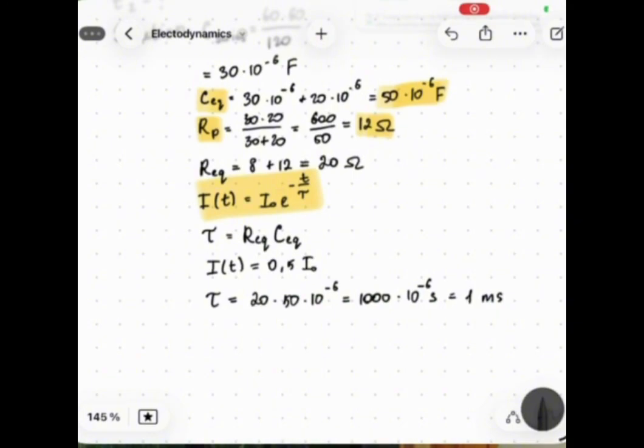Now I write 0.5, as I highlighted before. So 0.5 equals e to the power of negative time divided by tau.